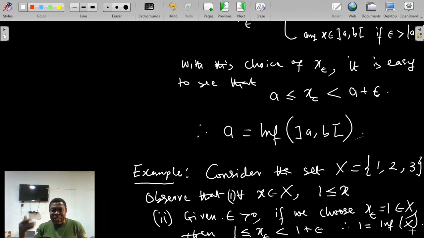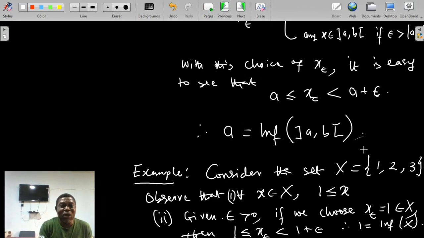We shall see a similar thing when we discuss the concept of supremum in full. Once a set has a maximum, then that particular maximum automatically becomes the supremum of that set. The supremum of a set, we remember, is the least upper bound. So we shall see this in our next meeting.